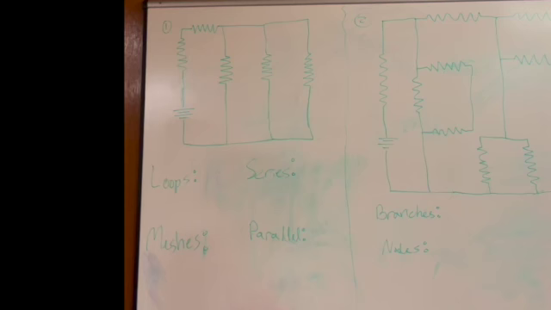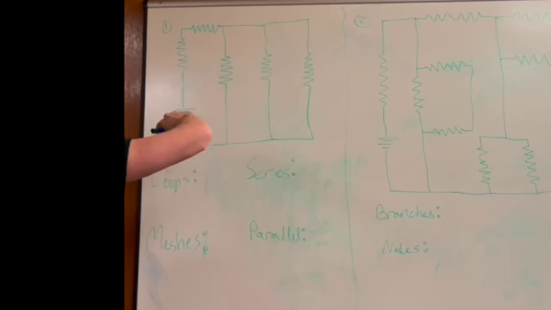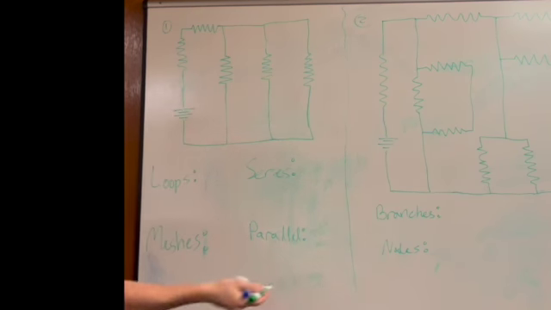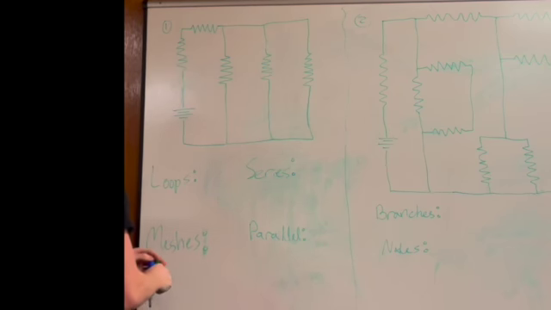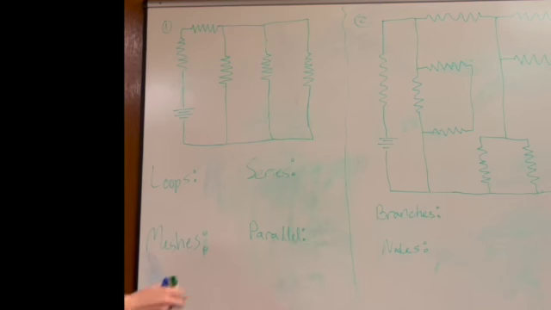And so the first one, loops. A loop is, this is a very informal definition, but a loop is any route that you can take in a circuit that a current could take, any possible route that leads you back to where you started without crossing over where you went.